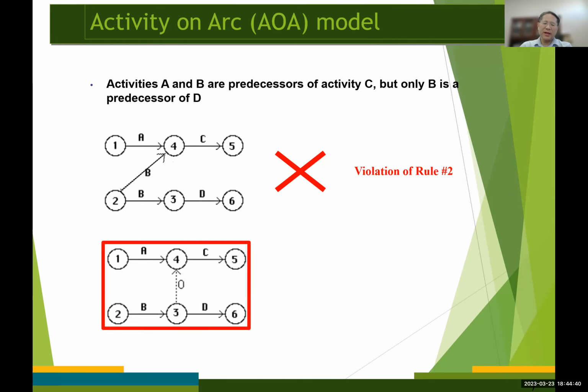So again, utilizing a dummy activity, the given restriction can be represented correctly like this. Here, none of the activities are represented by more than one arc, right? So this is the correct network diagram representation, okay?